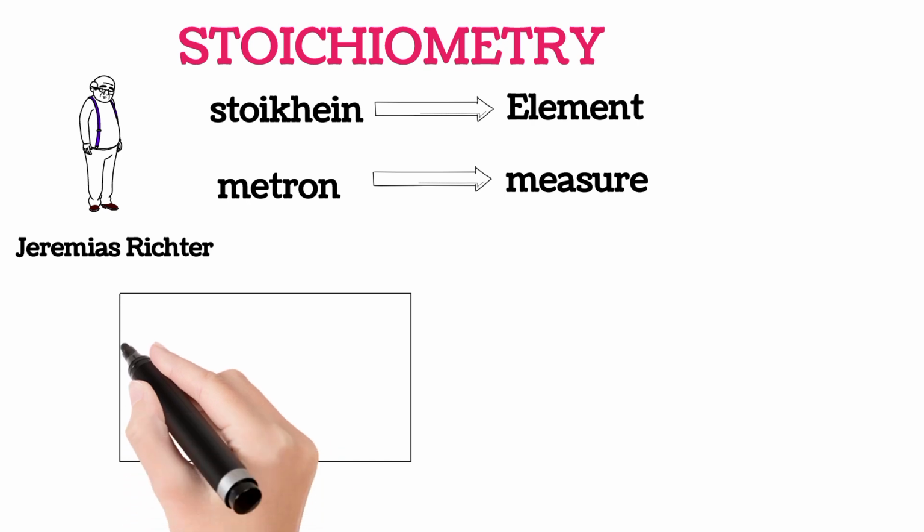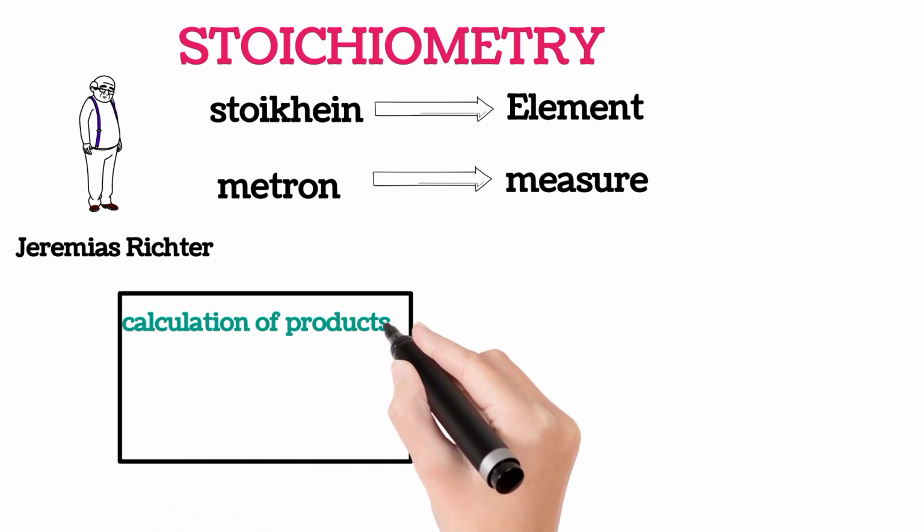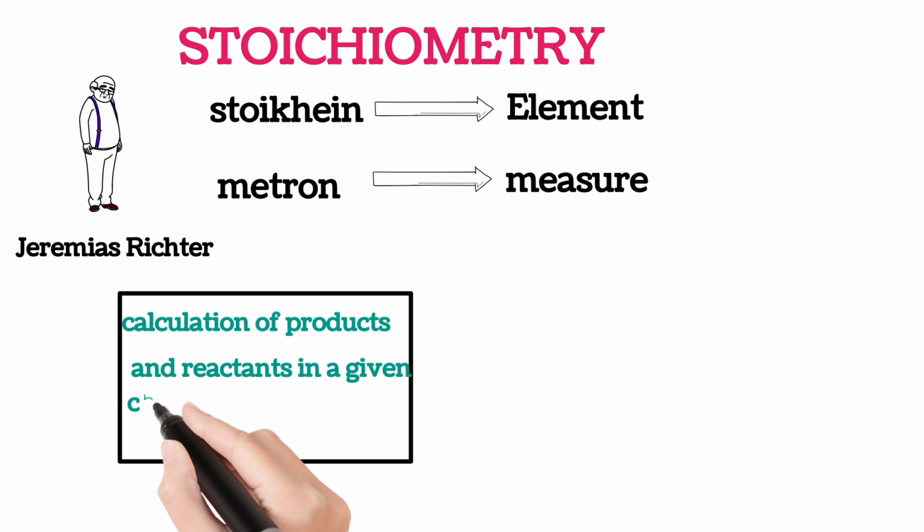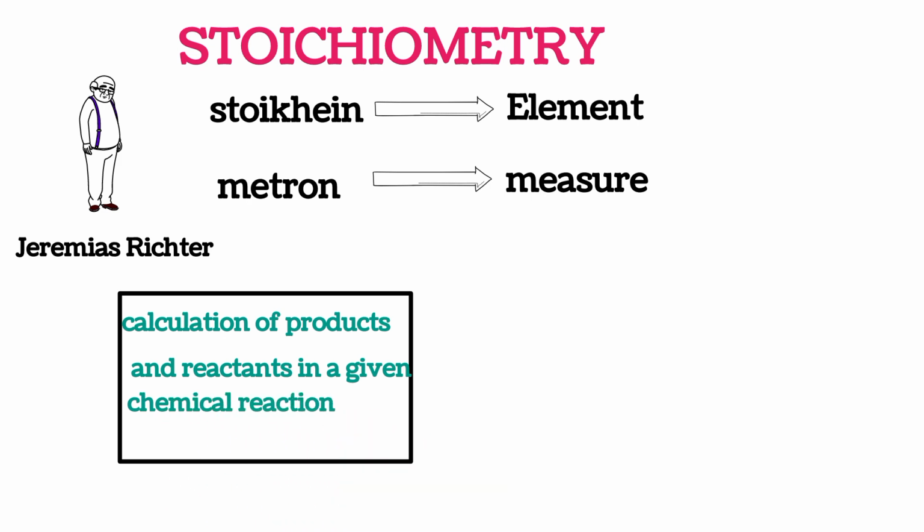So stoichiometry can simply be defined as the calculation of products and reactants in a given chemical reaction. Basically, it deals with numbers.